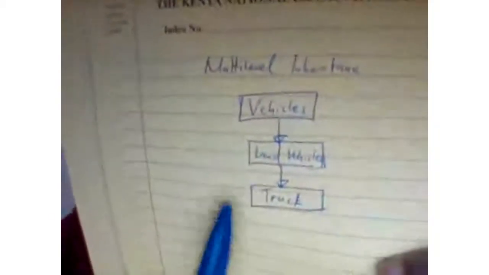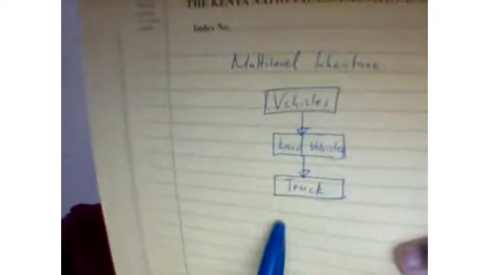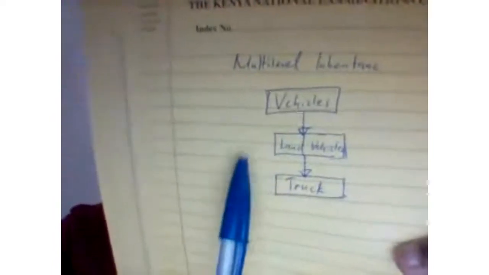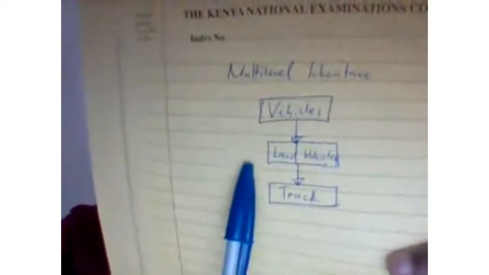This is what we call multi-level inheritance, where this child class has a parent class, land vehicle, which is a child of vehicles.